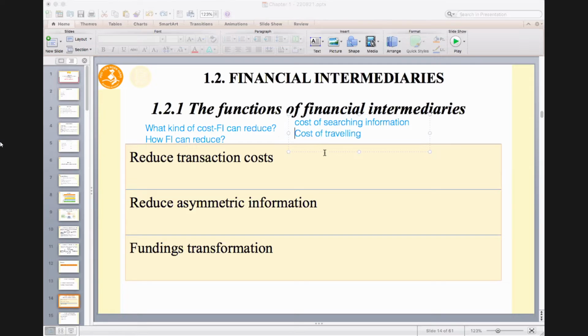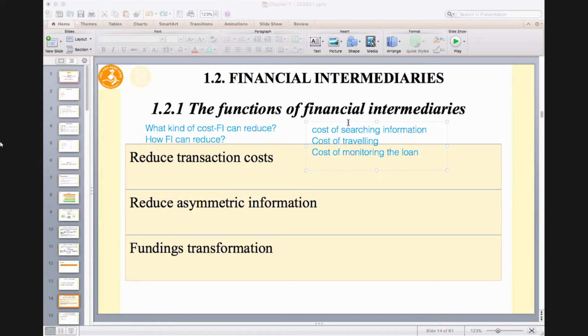Okay, I can add some cost here. The cost of monitoring the loan. When you give your money to others, they use the money to do what they want. So to be safe, you have to monitor them.